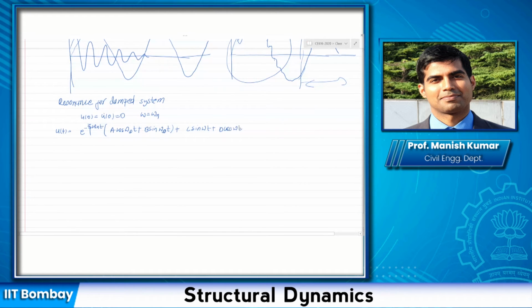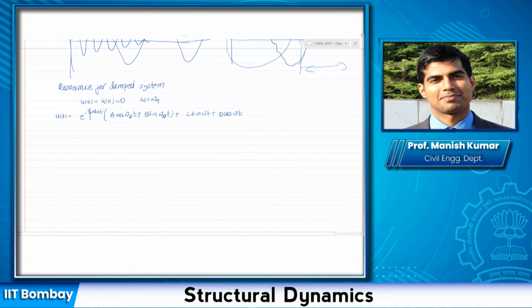Okay, what I want you to do in this case, for these conditions, find out the value of C, find out the value of D, substitute it back to here. Once you substitute back to here, you will have this solution u of t.